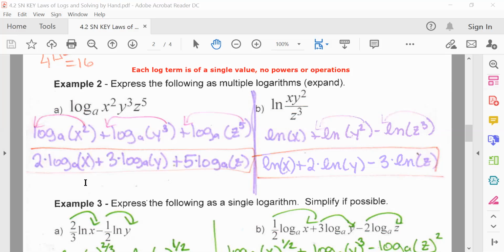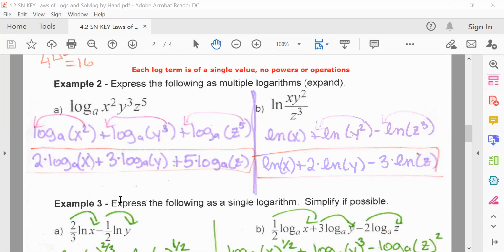Now we have just a single x inside that log. Same thing with the second term. This third power inside the log comes out as a coefficient, and we have 3 times log base A of y.